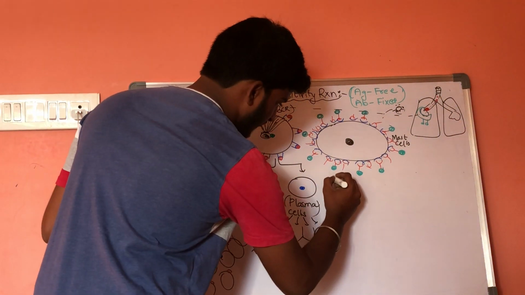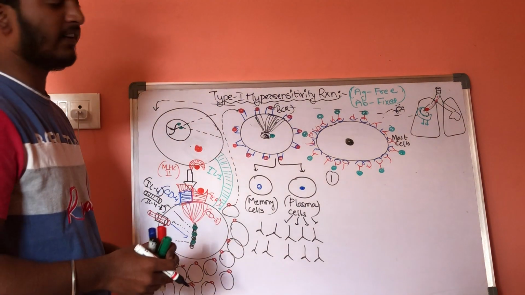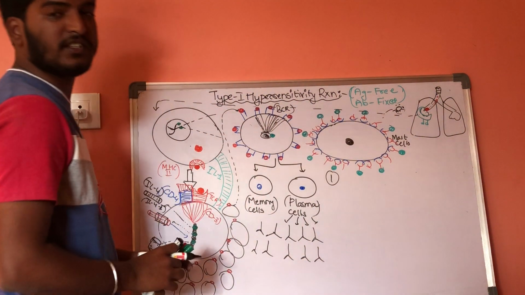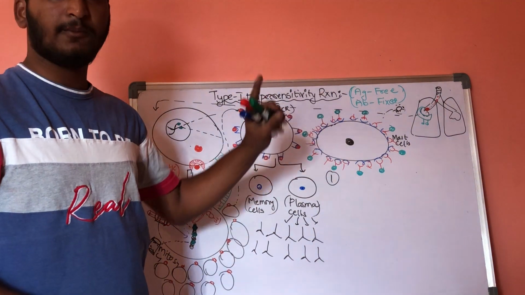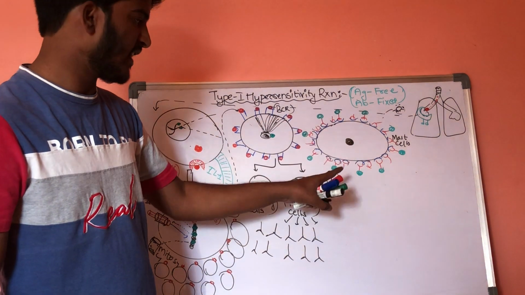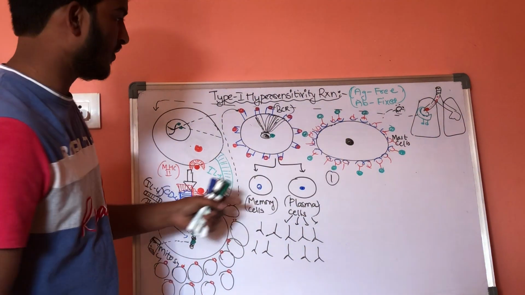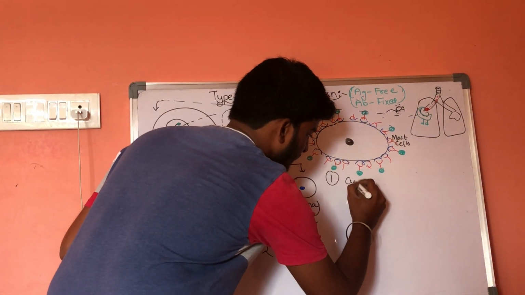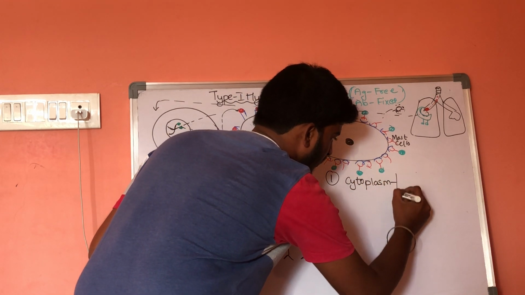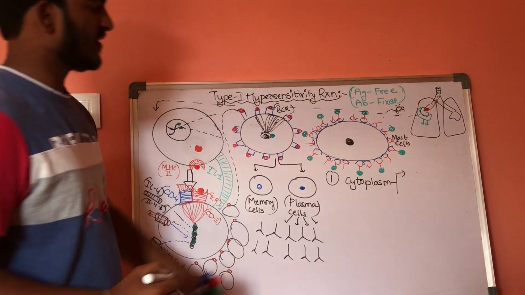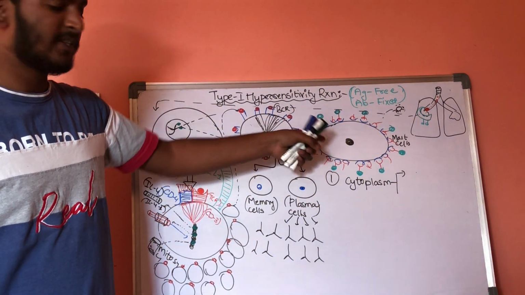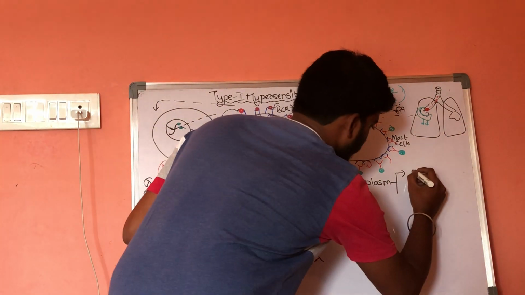The first pathway, after the internal signaling is activated, involves damaging the cytoplasm, and the granules which are present in the cytoplasm will be removed out. First of all, it damages the cytoplasm.